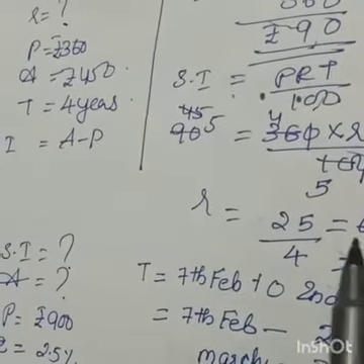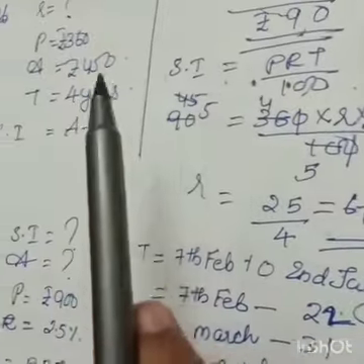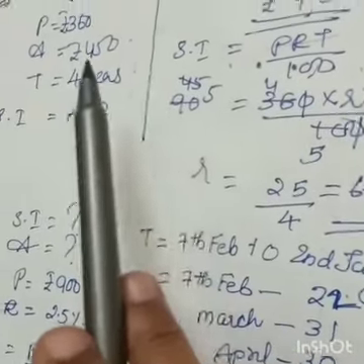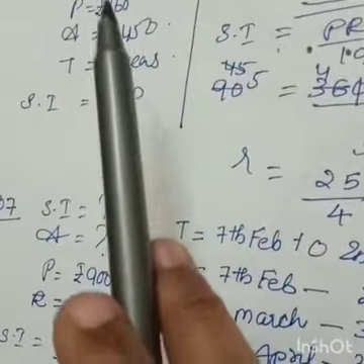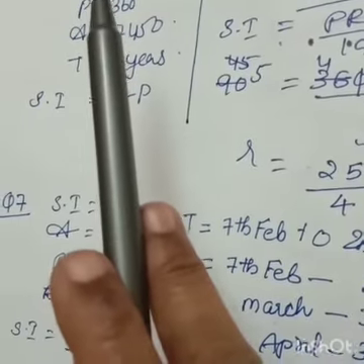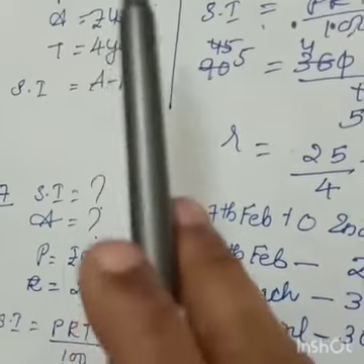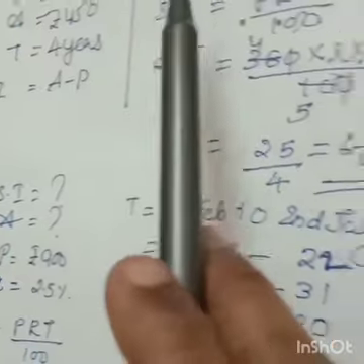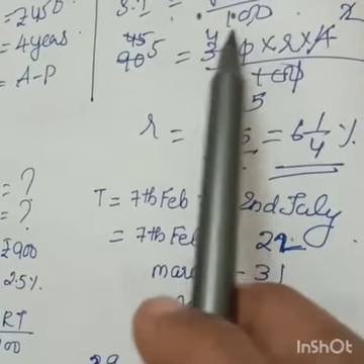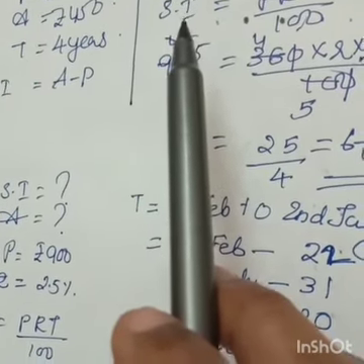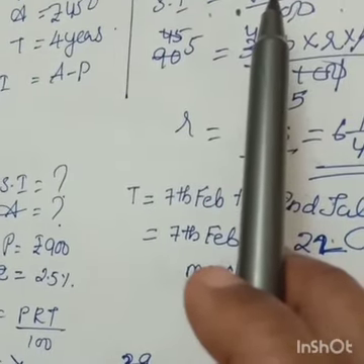Clear, children? See here, if you do not find out the simple interest, directly whatever things are given in the question, first you note down rate, principal, amount, time. In this, the rate you don't know. Simple interest equal to PRT by 100. That time two unknowns are there, because you don't know the simple interest and you don't know the rate.